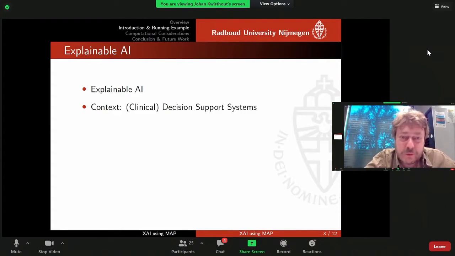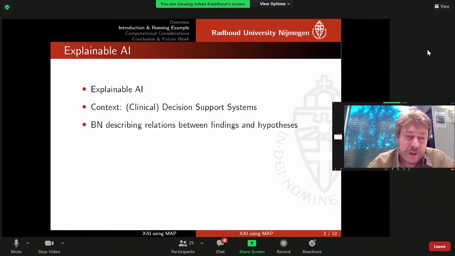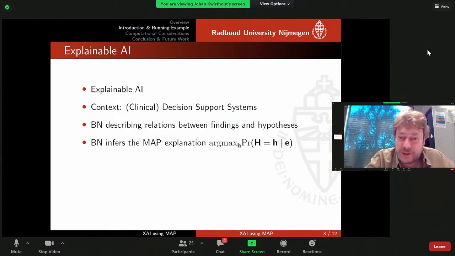The context of this talk is indeed decision support systems, clinical systems in principle. And we make the assumption that under the hood of this decision support system, there is a Bayesian network that describes the relations between the findings, the test results, the observations, the patient report, and the diagnosis, the hypothesis. The goal here is to find the best explanation, the diagnosis that is most probable given the evidence.